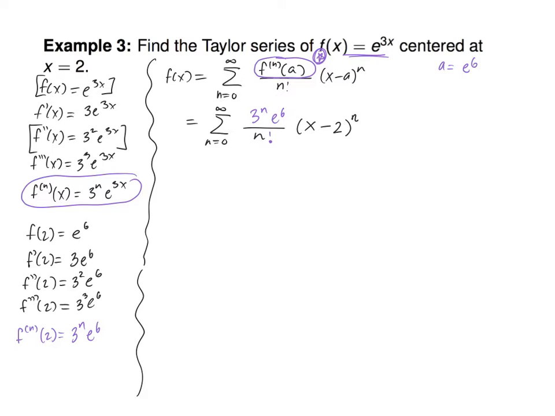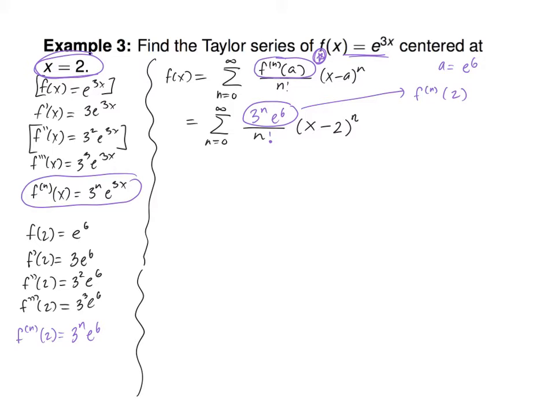That's not a. A is this value. A is that 2 value. This is the nth derivative with 2 plugged in. That's what you get when you plug in 2.